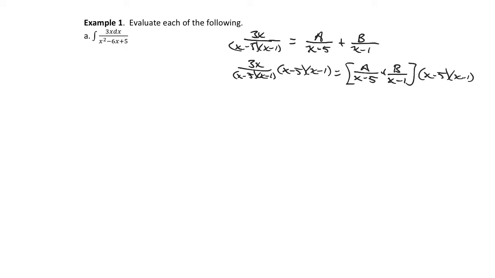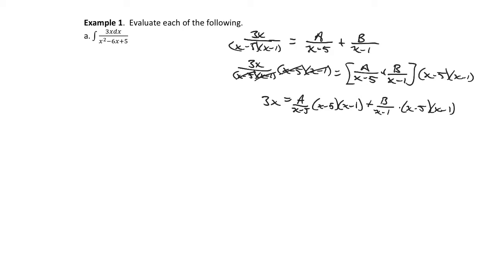On the left side, the x minus 5 is reduced to 1, as do the x minus 1s. We have 3x equals, and when we distribute, we'll have a over x minus 5 times x minus 5 times x minus 1 plus b over x minus 1 multiplied by x minus 5 times x minus 1.